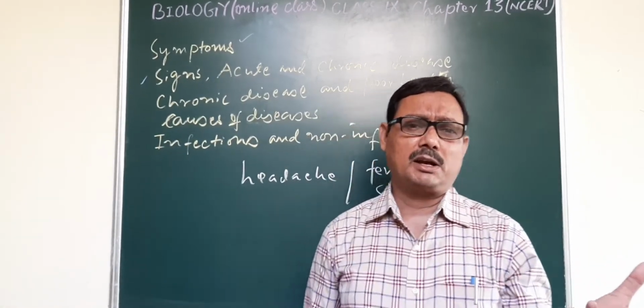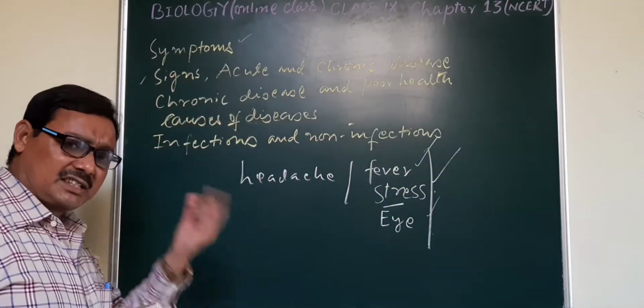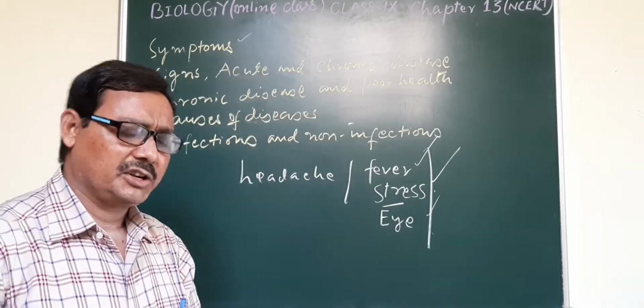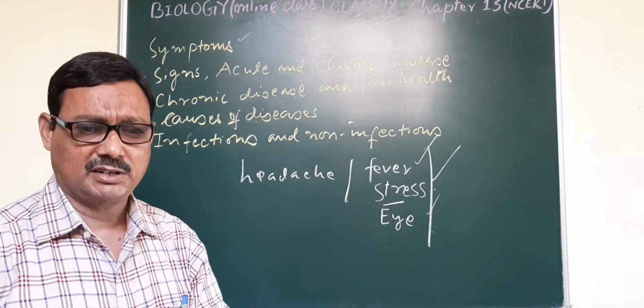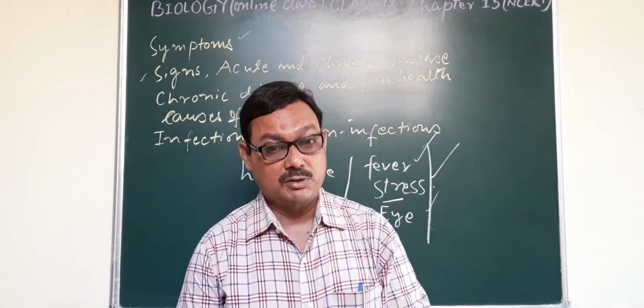Like the common cold and cough, it may last only 2 or 3 days, and the patient recovers immediately. There is no bad impact on the body parts, no damage done to the organ or parts of the body.